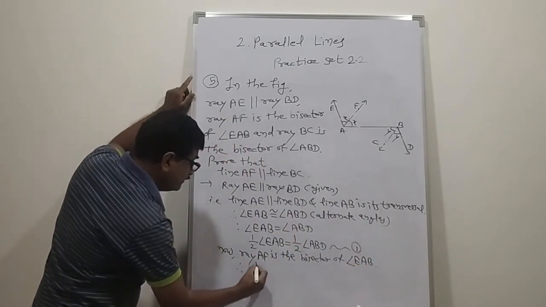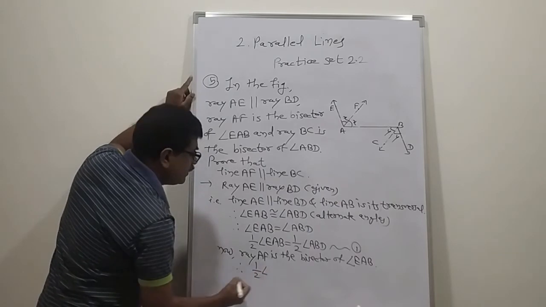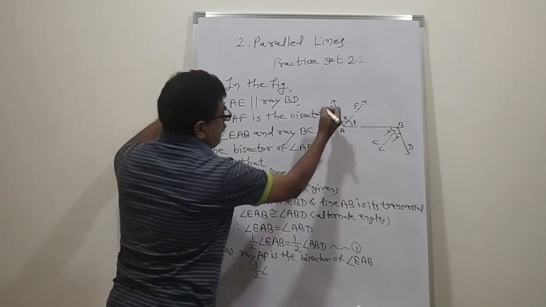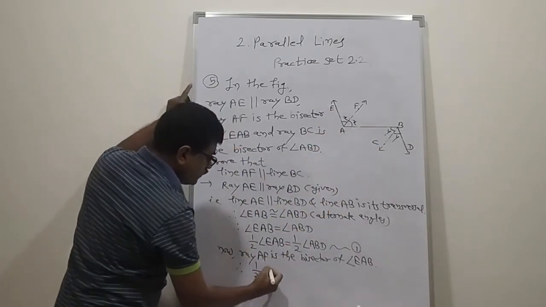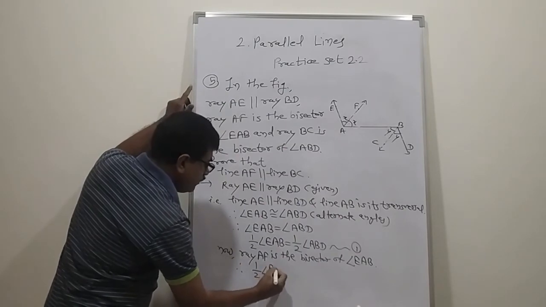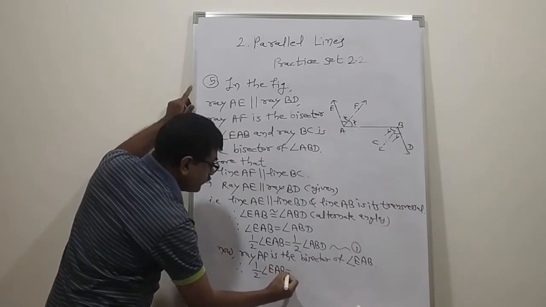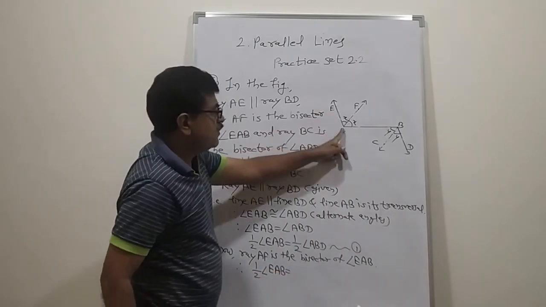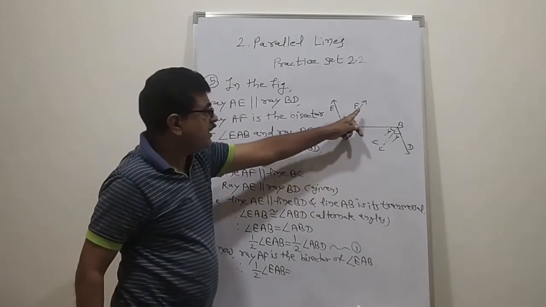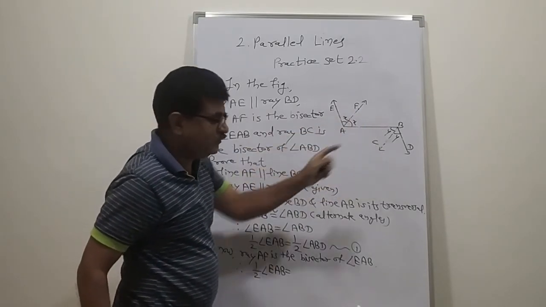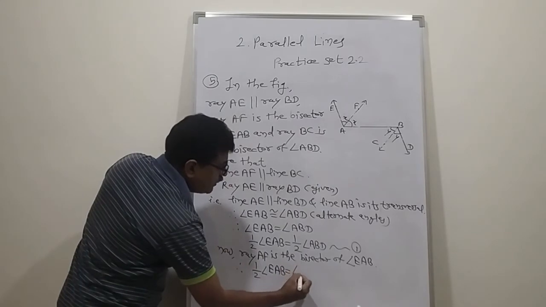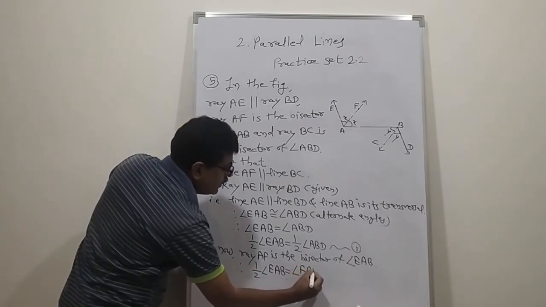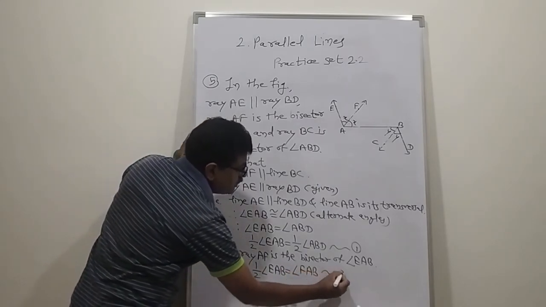Therefore, 1 upon 2 angle EAB is equal to angle FAB. This is number 2.